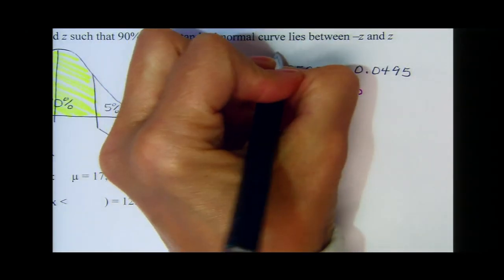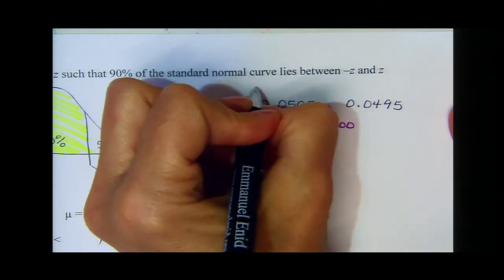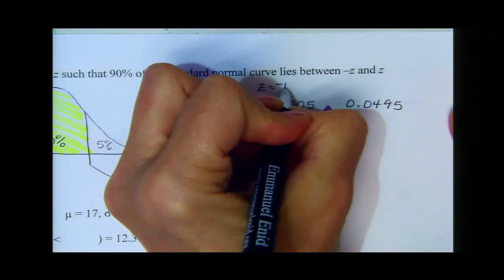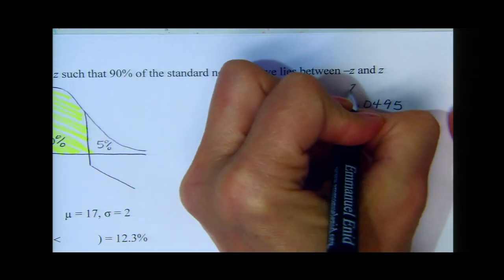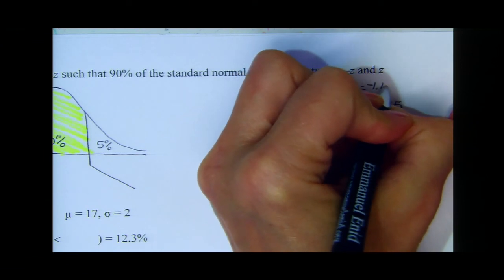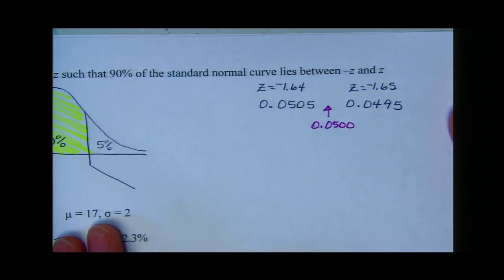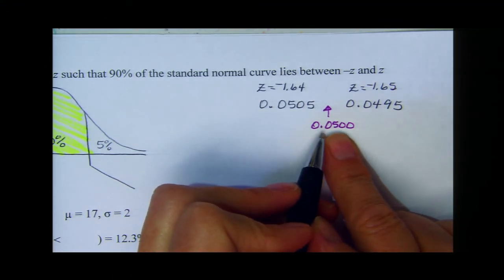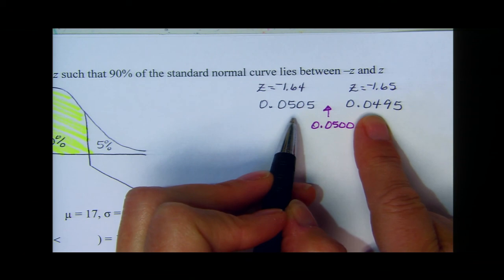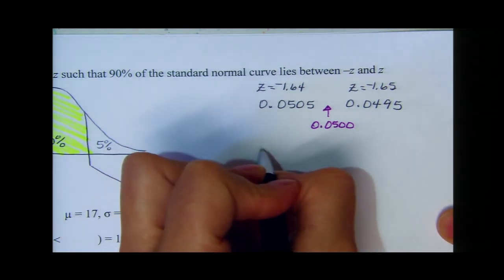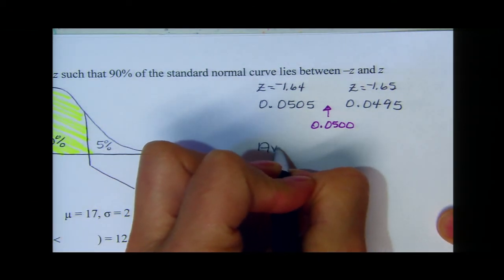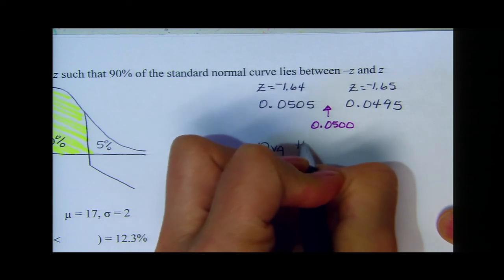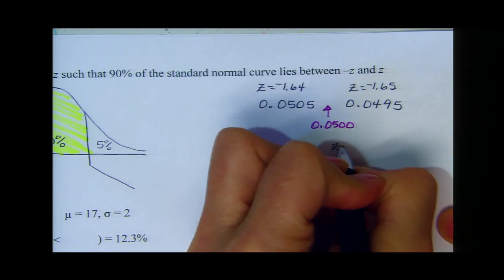So we have negative 1.64, negative 1.65. Now, the first thing you're going to ask yourself is, which one is it closer to? And what you're going to find is it's smack dab in the middle. So when it's smack dab in the middle, again, we're going to average the z-values.